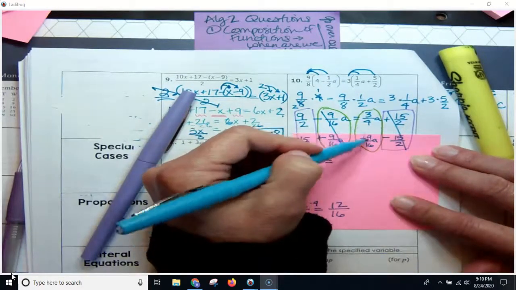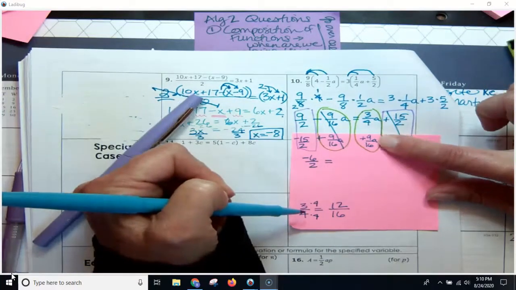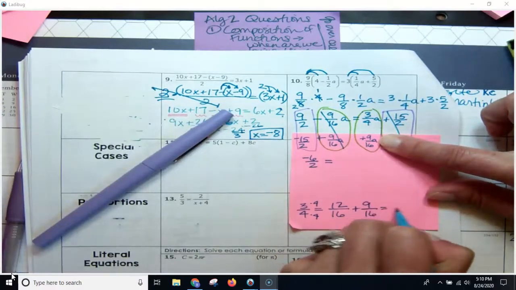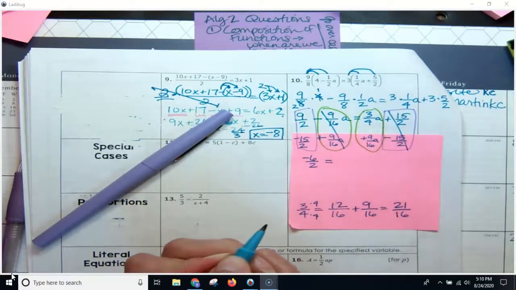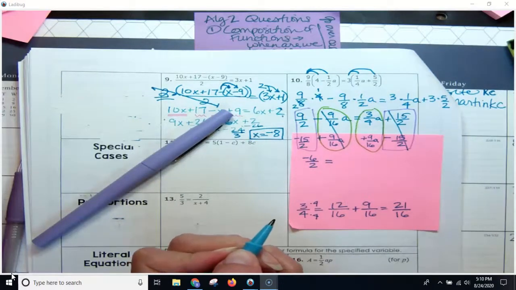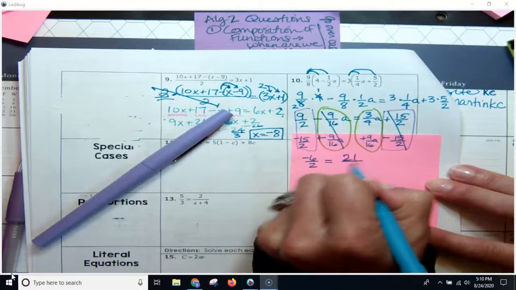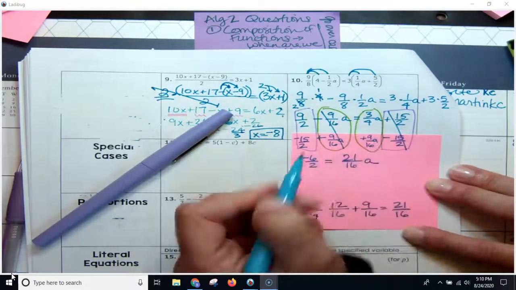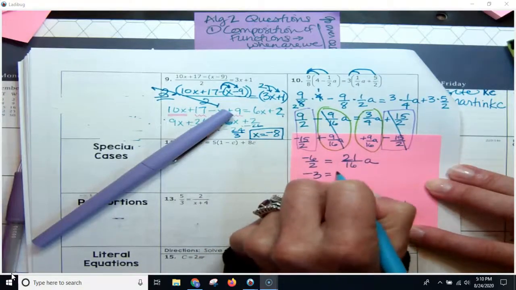I'm changing that because I have to add that to 9/16 and get 21/16. If you need a refresher on adding fractions, please do some more of that delta math. So I'm left with 21 over 16a, right, because there's my a term. Negative 6 over 2 becomes negative 3.